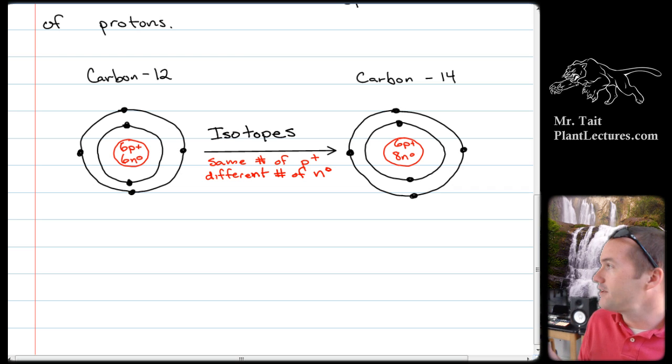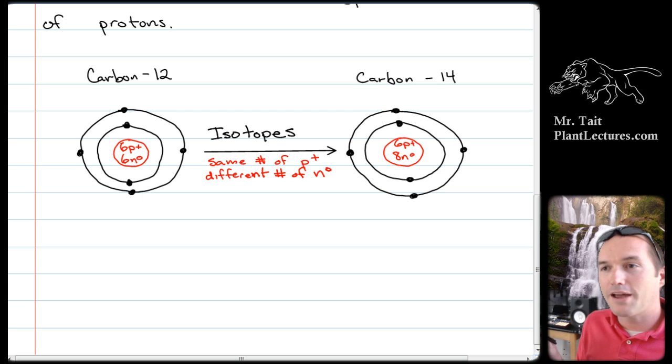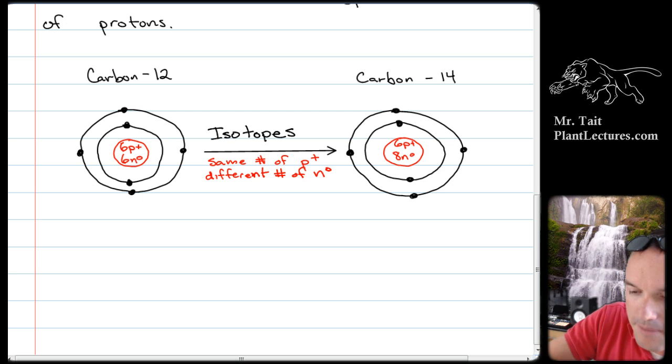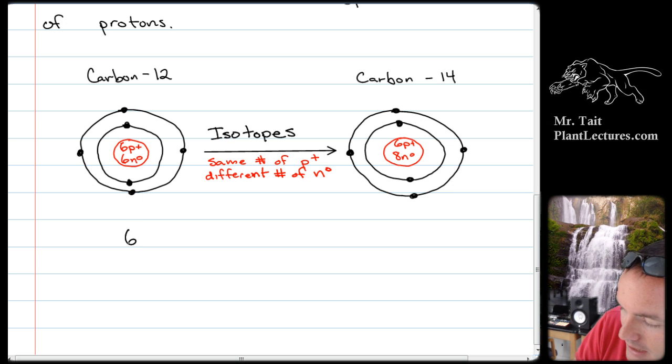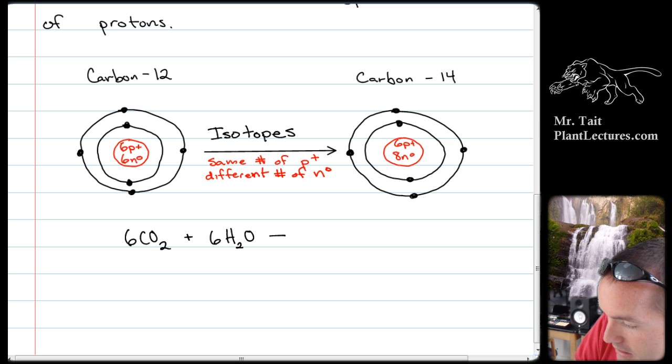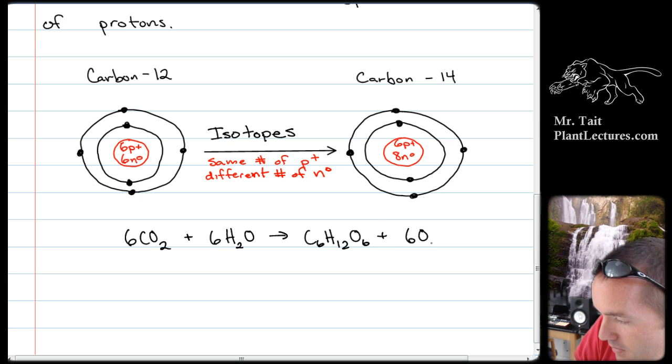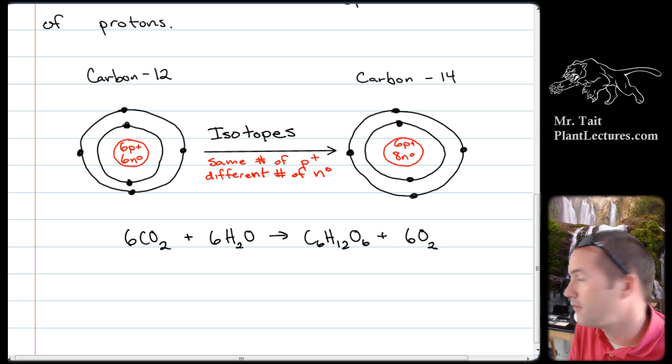Because one of the things that we can do is we can track where elements are going. Okay? So, for instance, if you have the formula 6CO2 + 6H2O yields C6H12O6 + 6O2, that formula is what we call photosynthesis, right?